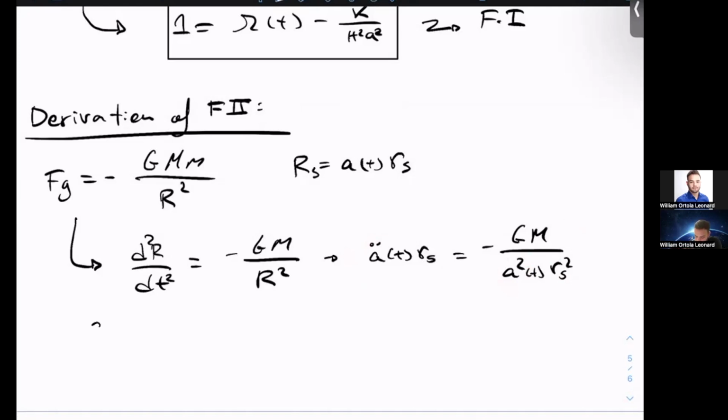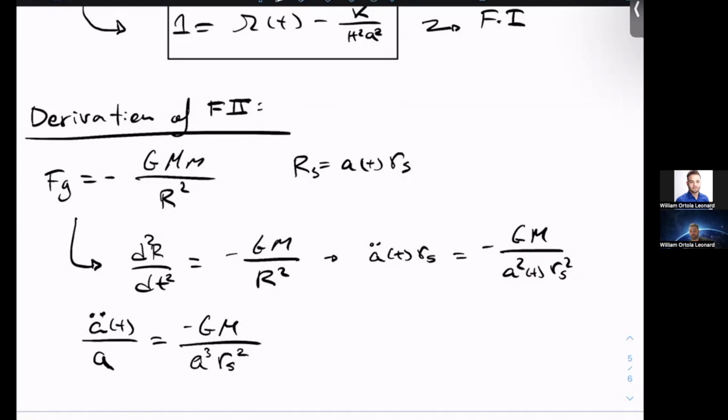So what we'll have is a double dot as a function of time divided by a being equal to negative G M divided by a cubed times rs cubed.